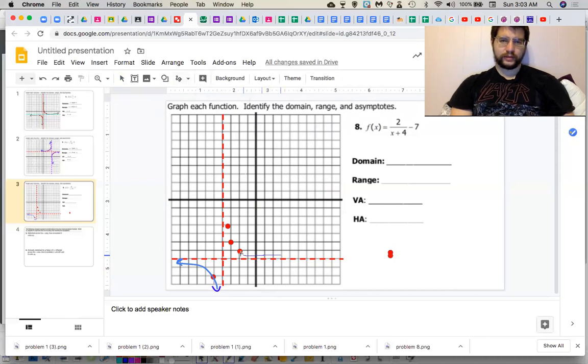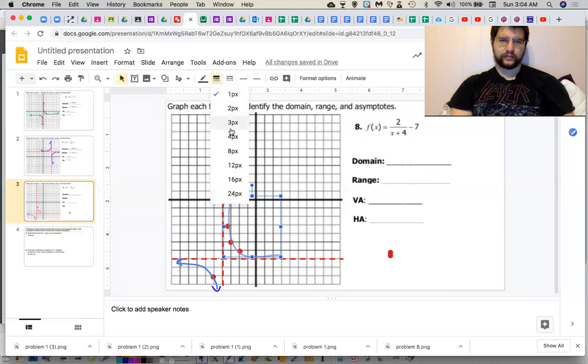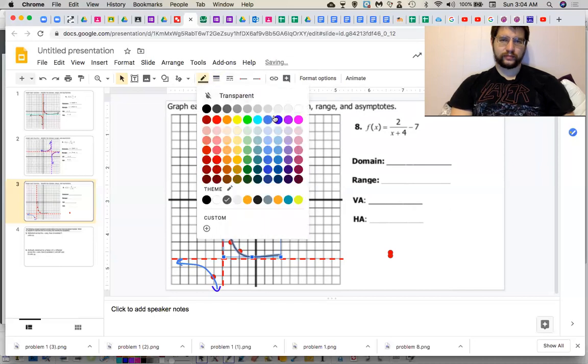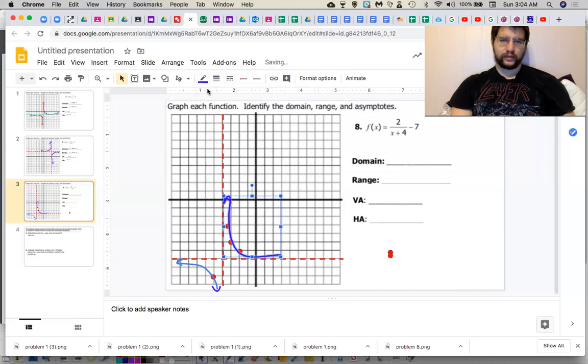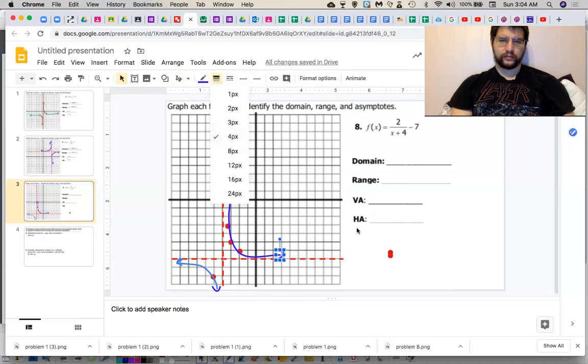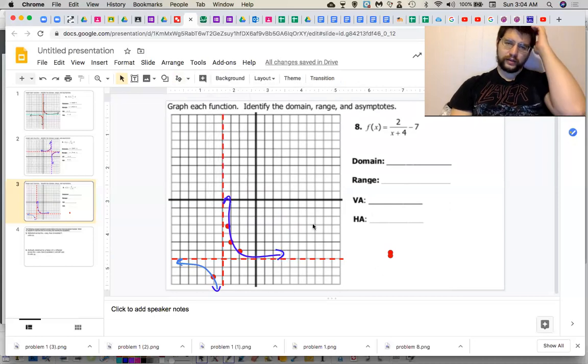Yeah, this one's going to look something like this. And you can, if you want these to be yellow or red or whatever, just make sure we can see it. That gray is just so hard to see.